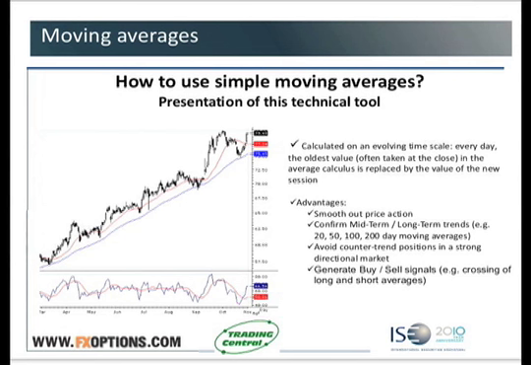But the best value of moving average, and this is really, really important, is to avoid counter-trend positions in a strong directional market. This is the main point of moving average.